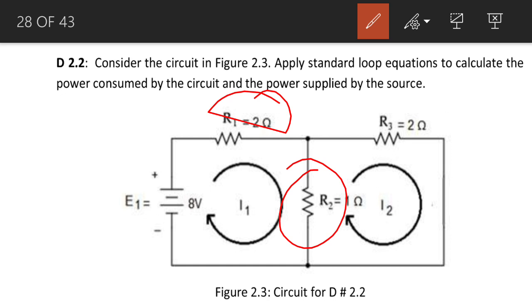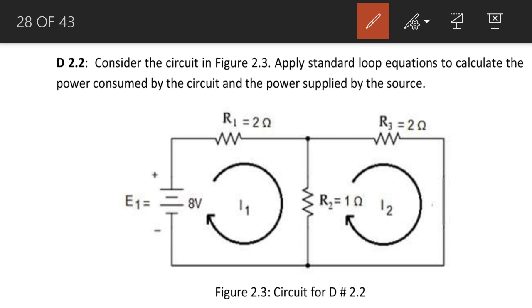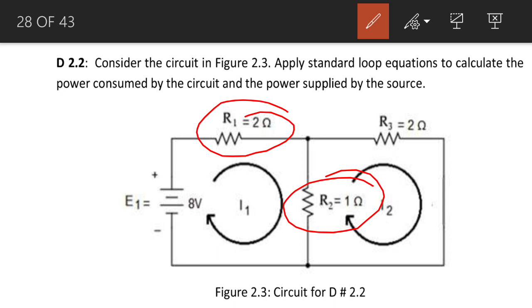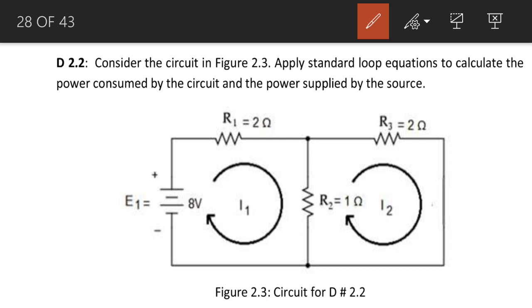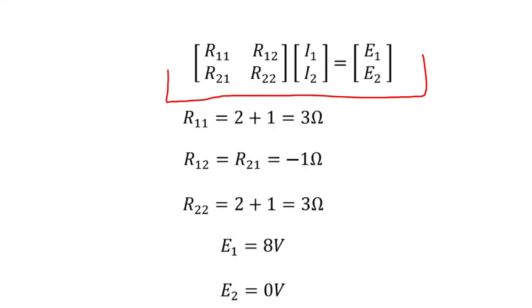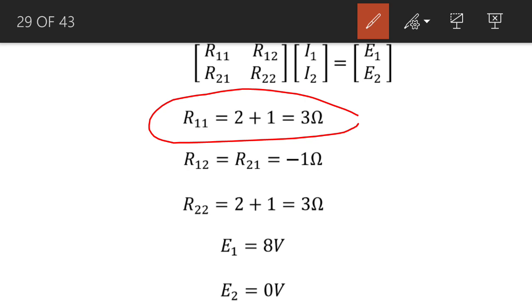So R11 will be equal to R1 plus R2, that is 2 plus 1, which is equal to 3. So R11 is 3.